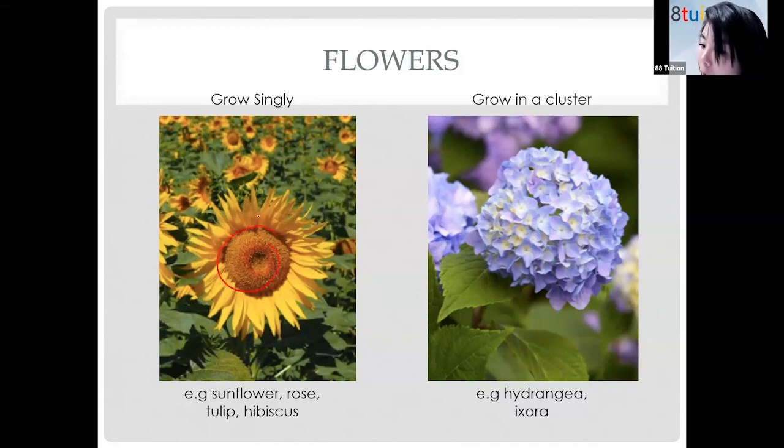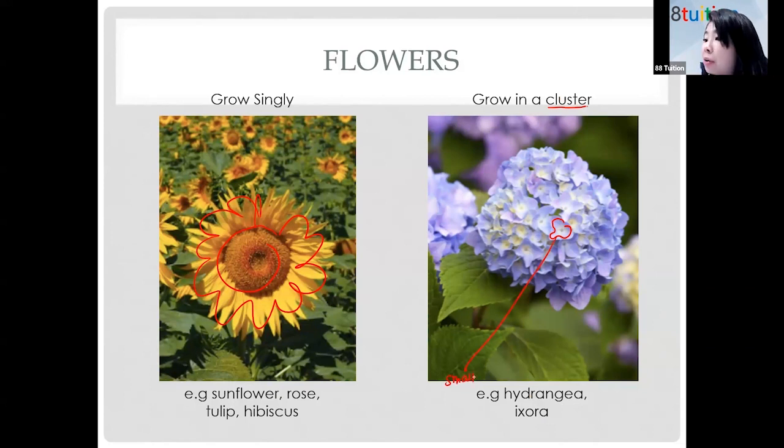For a flower that grows singly, look at the sunflower, it's so big, versus a single hydrangea, which is very small. The reason the hydrangea and ixora tend to grow in clusters is that they are very, very small.